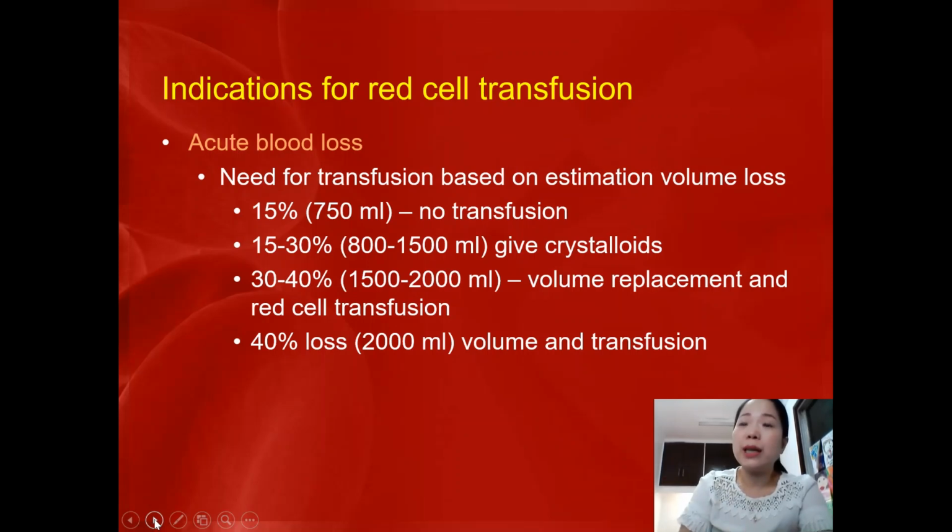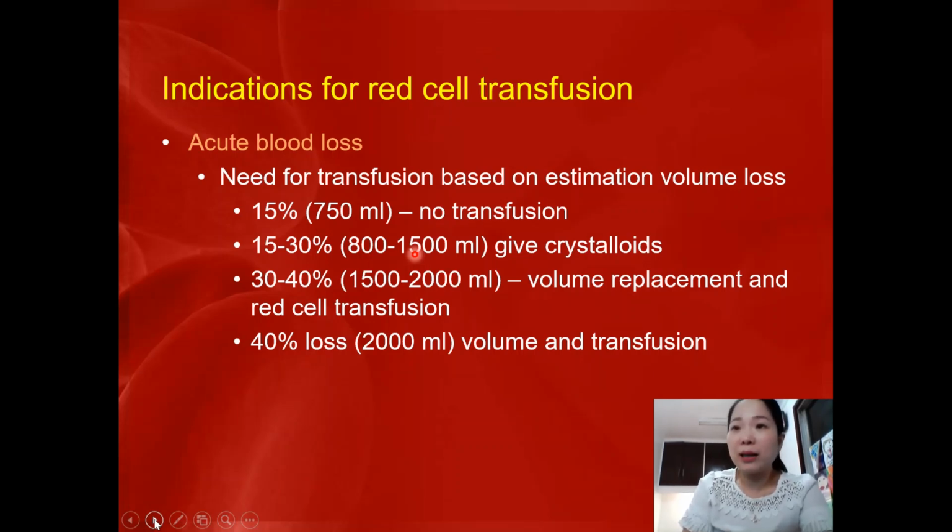So again, what are the indications for red cell transfusion? Number one would be acute blood loss. But remember, if there is only 750 ml or up to 1.5 liters of blood loss, you can replace this blood loss by hydrating your patient. I remember 6 years ago when I had my first cesarean section, when I was reviewing the operative record, the estimated blood loss was 750 ml.